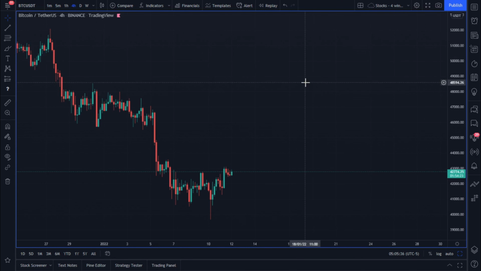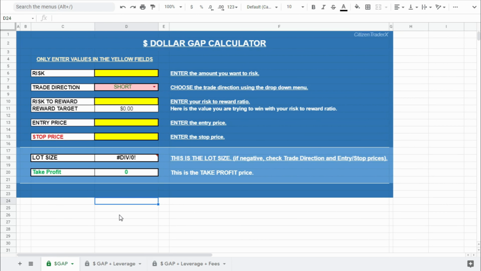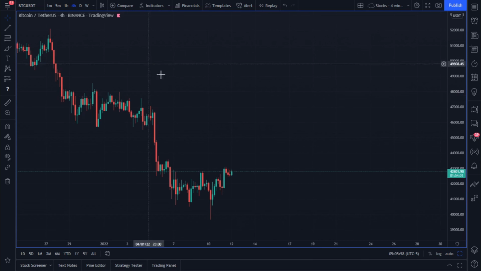All right, so let's use this chart to enter a trade. Pretend we're going to enter a trade and use the calculator to understand what that trade is going to be worth. So first thing you want to decide is how much you want to risk. So we're going to keep it simple. Let's do 100. Let's go back to the chart.